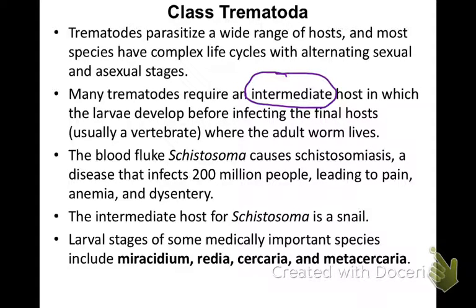So an example would be the blood fluke called Schistosoma, which causes a disease called schistosomiasis that infects a couple hundred million people, particularly in developing countries. So the intermediate host for Schistosoma is a snail, and inside the snail, the organism undergoes a number of larval stages.